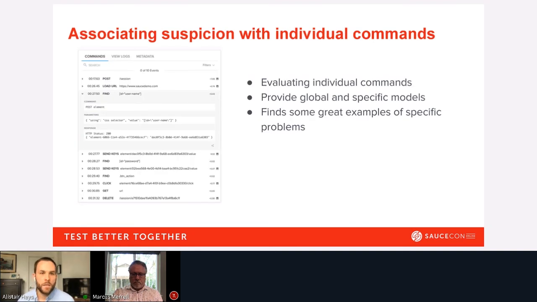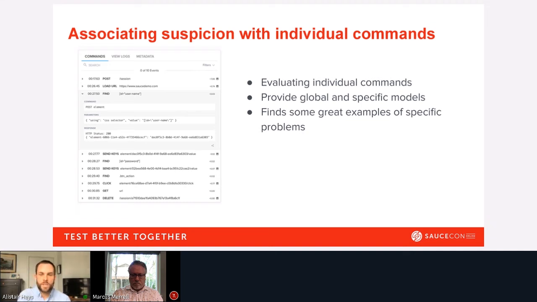The second approach, which we believe we have traction with, is taking a slightly different model. Taking a test that's failed, looking at a test that's passed, and doing that at scale, but then looking at each individual command and ranking those against each other to say, what is the probability of any given command being the cause of the failure in the test?